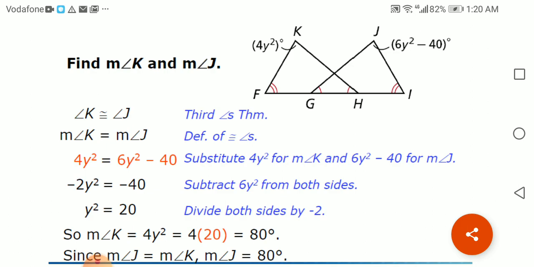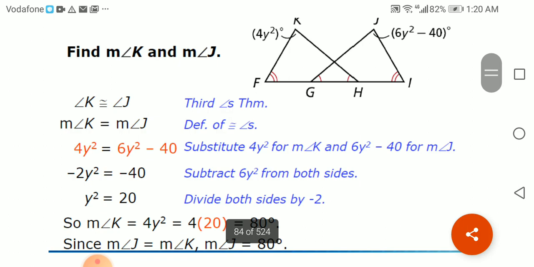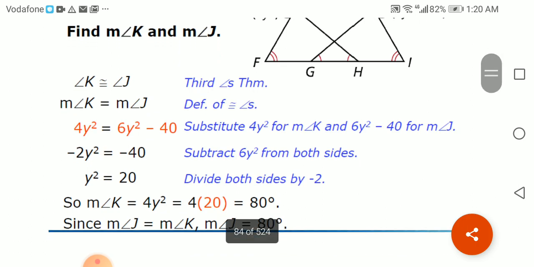So I have two angles. Each two angles here are congruent. Therefore, the third one will be congruent to the other. So the measure of angle K equals the measure of angle J, and we will write them using equations. 4y squared equals 6y squared minus 40. So I will solve the equation. 4y squared goes to the other side as negative, so it gives me 2y squared equals 40.